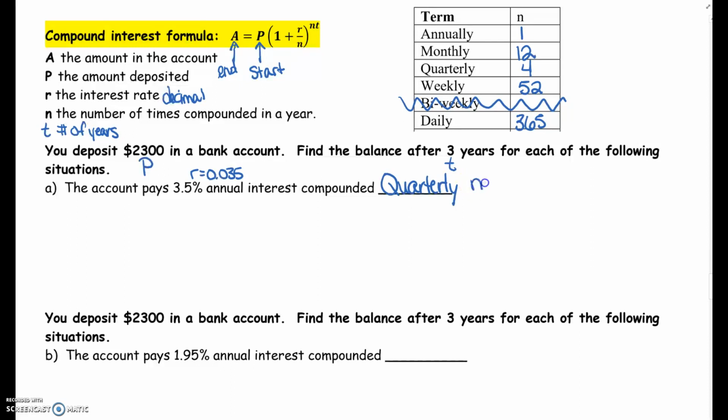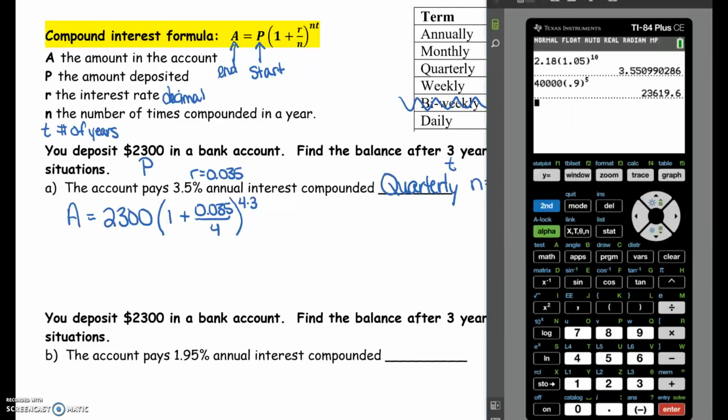And quarterly means we are going to use n equals 4. Let's throw all this into the formula. The amount that we are going to have equals what we're starting with, 2,300, parentheses, 1 plus r, our rate, divided by n, 4, raised to the 4 times the number of years, 3.